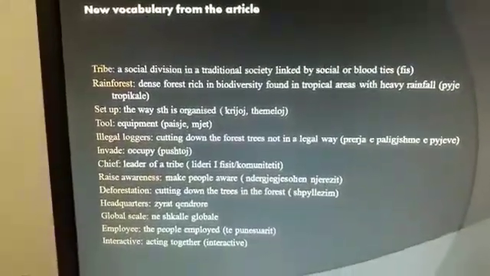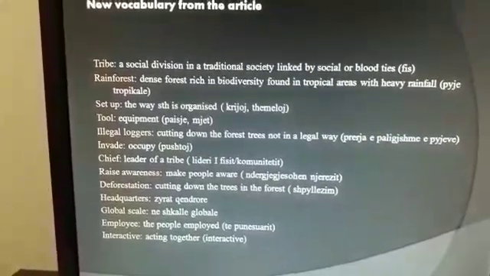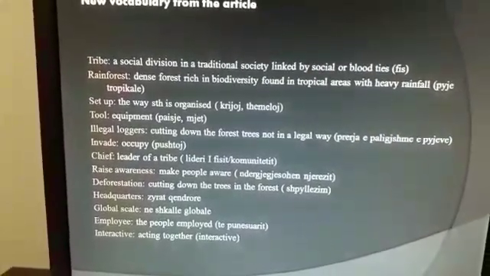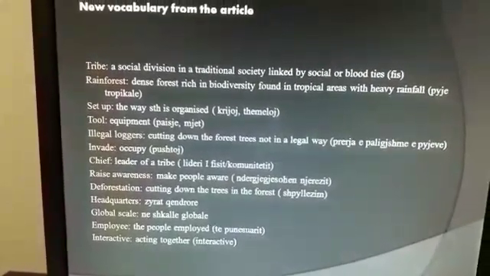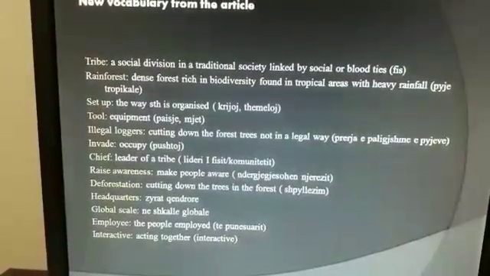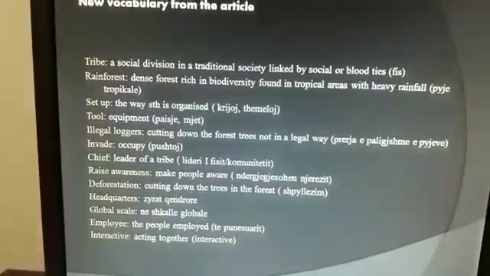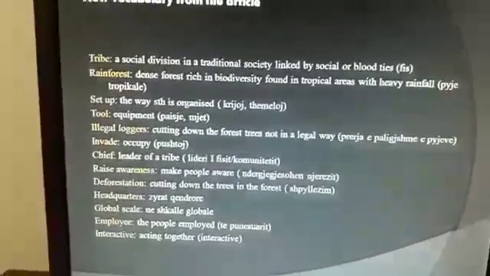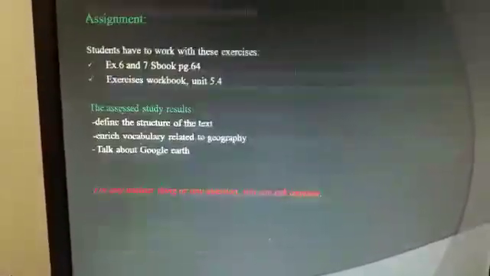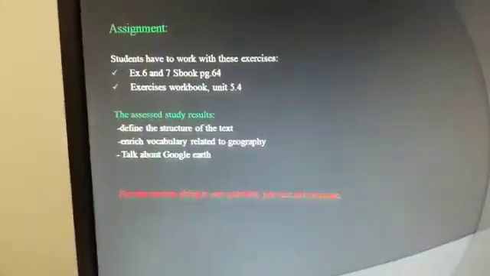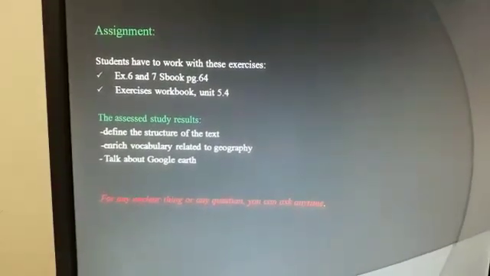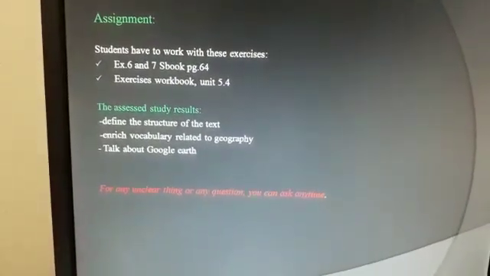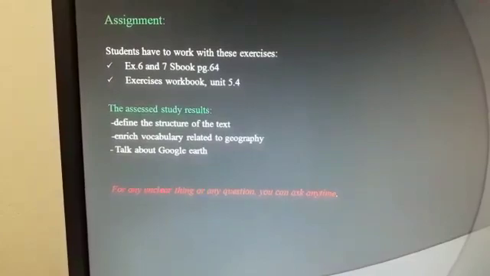So one of the study results of the reading text is just to enrich the vocabulary. So the vocabulary is important and it should be our focus. The last thing we're going to do is work with the exercises.